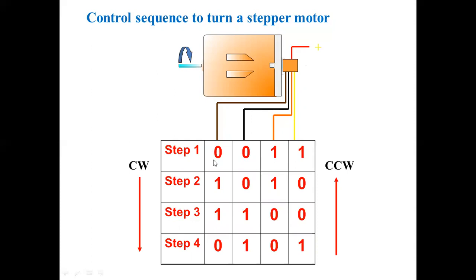Step 1 is 0 for the first stator coil, then step 2 it should be 1, step 3 1, again 0, like that. Or for the clockwise direction, for suppose 0 0 1 1 1 1, these two coils are energized. The first two coils mean one phase.